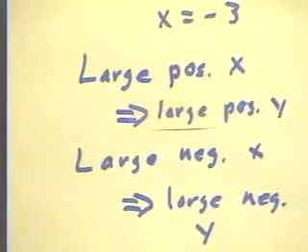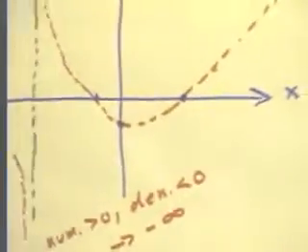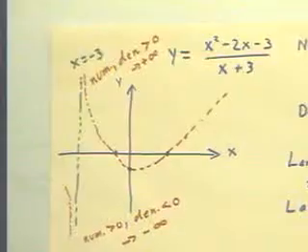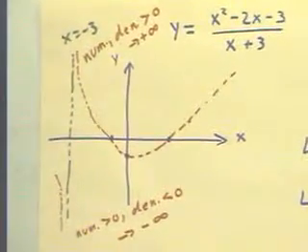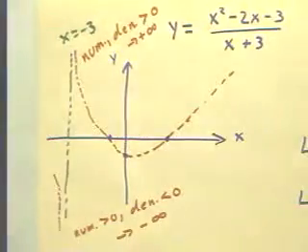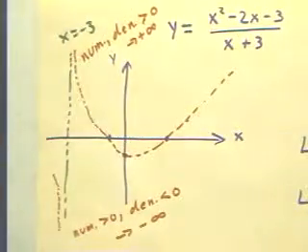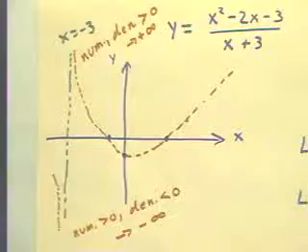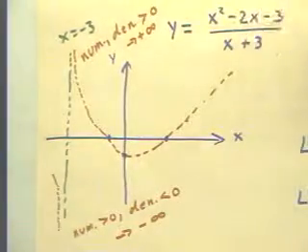We can now take the information that we've collected and put it together and make a graph. The graph is going to have zeros at negative 1 and 3, the 2 points at which we saw the numerator was 0.